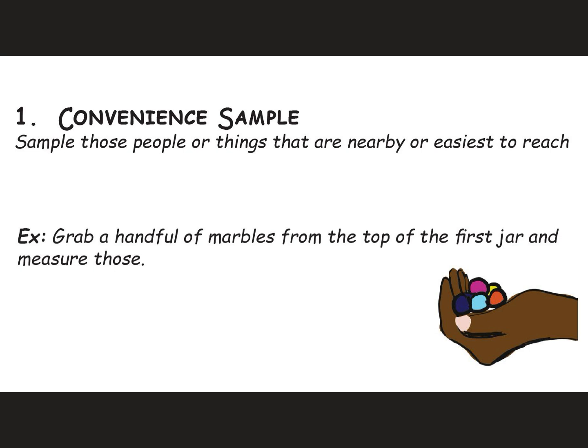The problem with convenience sampling is when you do convenience sampling, maybe the jar wasn't very well mixed, and so you got an unusual amount of one color at the top versus the bottom. So not every marble in the jar has an equal shot of being selected if you do a convenience sample.